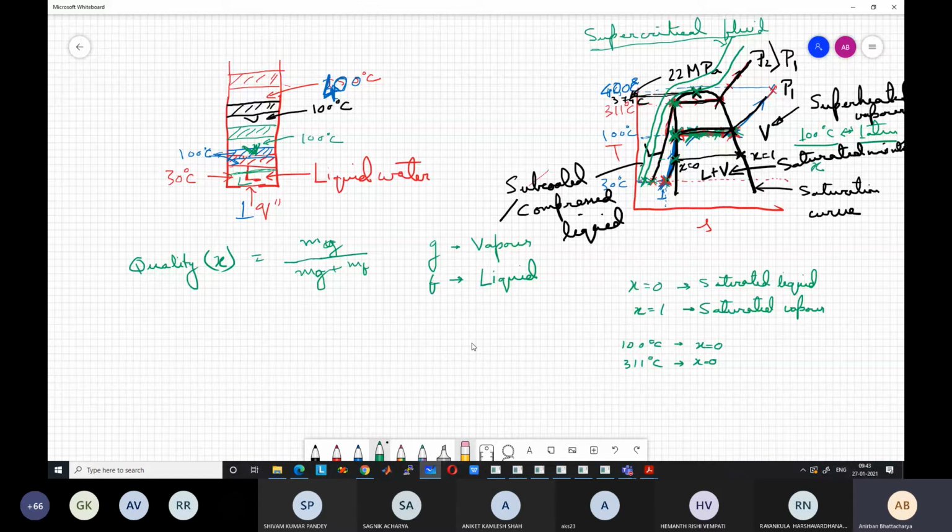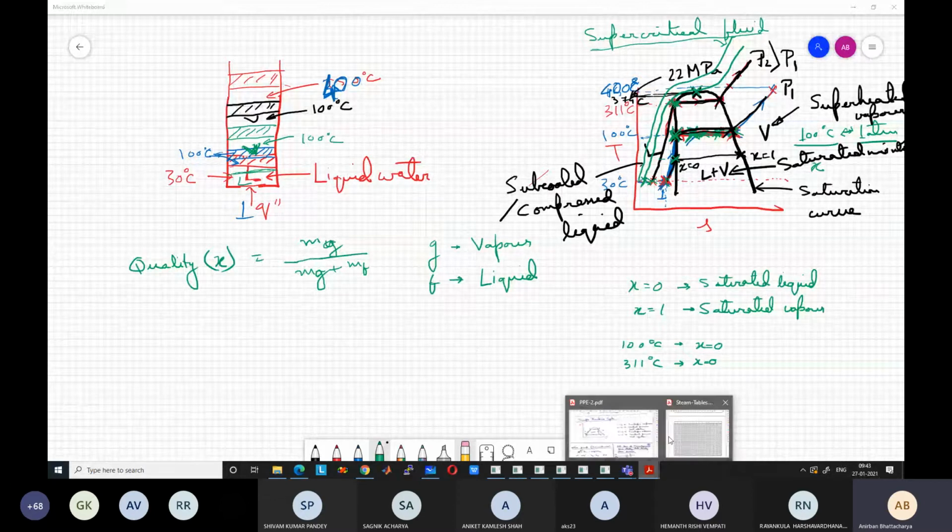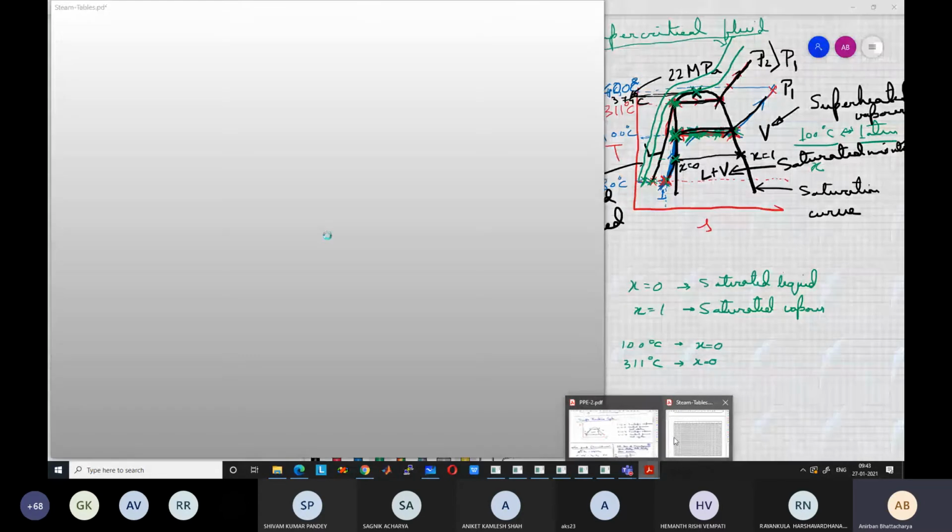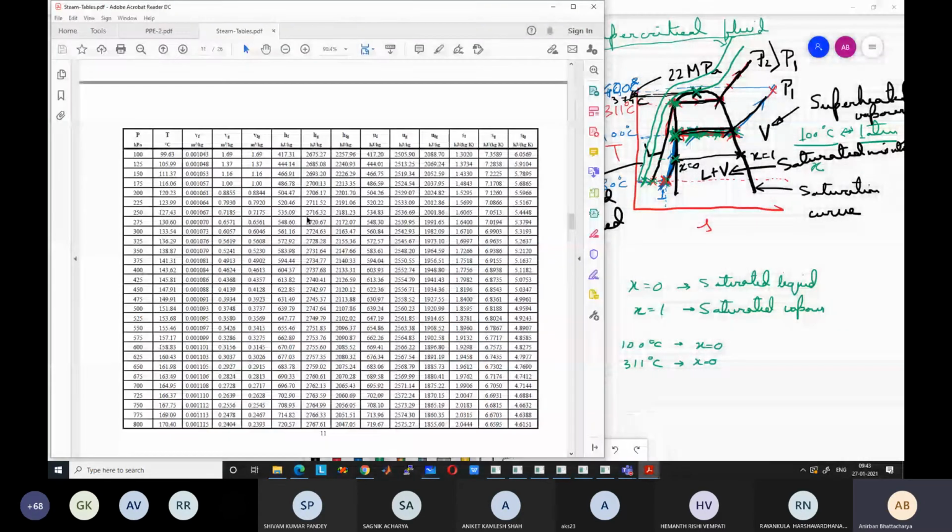So if you are at 311 degrees centigrade and 100 atmospheric pressure, at the boiling point, the density of the liquid, or the specific volume, will be slightly larger. I will show you some values. At 100 kPa, which is 1 atmospheric pressure, the boiling temperature is 99.63 and the specific volume is 0.001043.